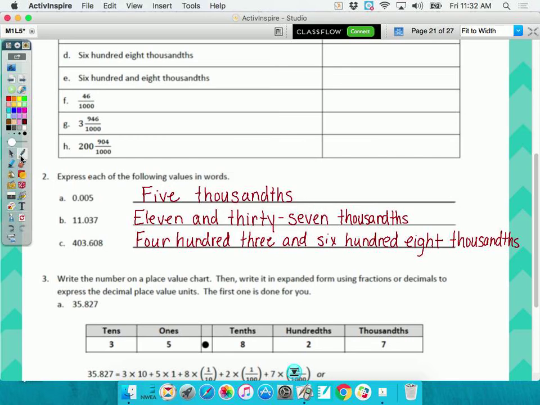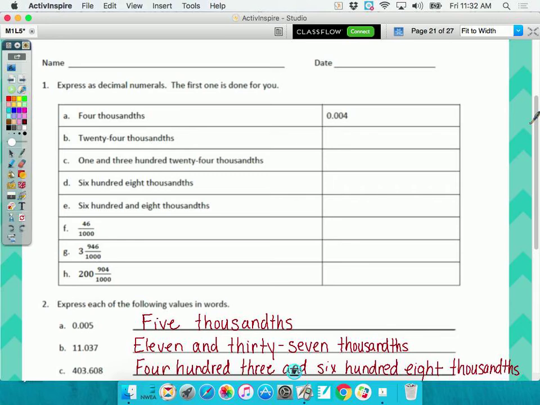Okay, let's go ahead and look at B. Now I'm going to pull sticks. Katie, 24 thousandths. Tell me what to write for standard form. Okay, put your pencils down, please.